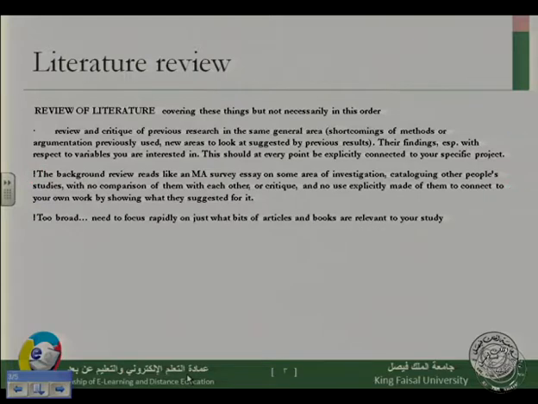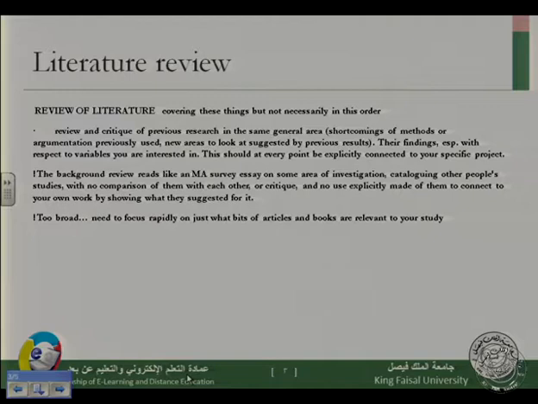Too broad. You need to focus rapidly on just what bits of articles and books are relevant to your study. Yes, when you say language acquisition, there are hundreds of books and hundreds of articles about language acquisition. You cannot include them in just 10 or 20 or 50 pages in your literature review. You need to be specific.